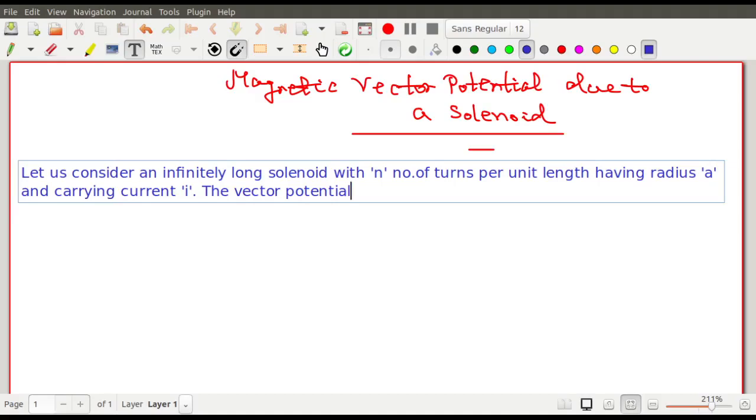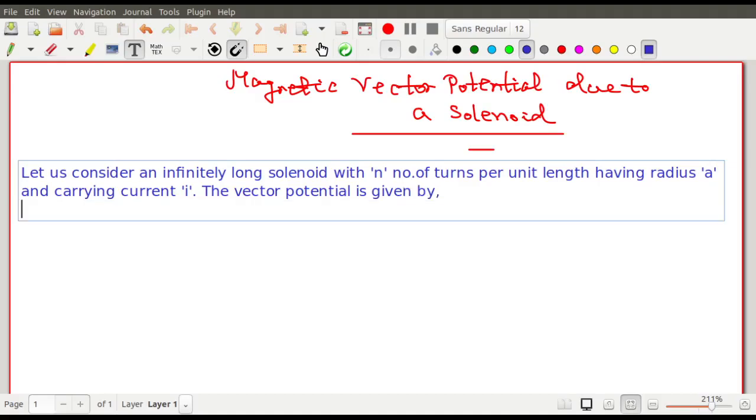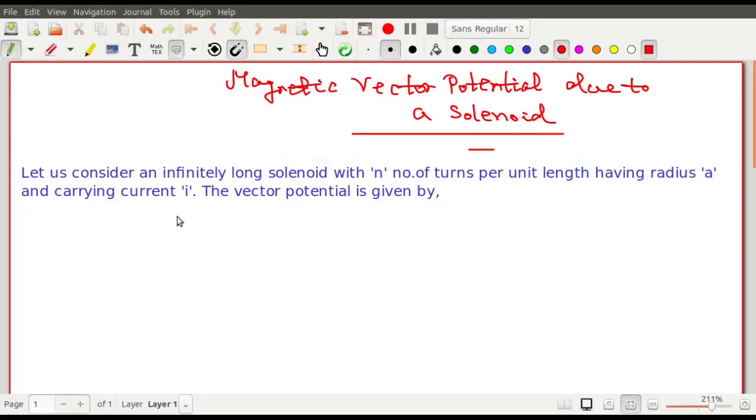Here, as we have only the line distribution of current, the vector potential will be given by A vector equals the integral of I dl vector divided by capital R, right? So the vector potential is given by this.